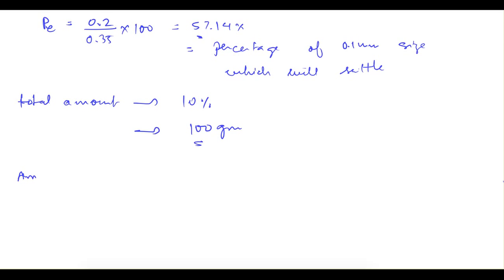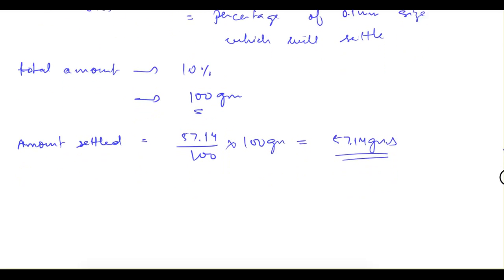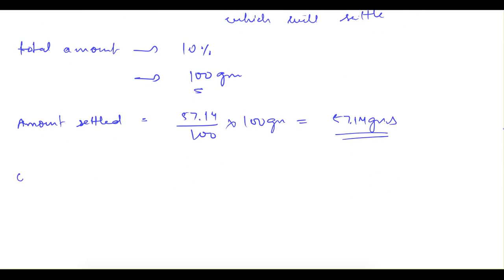So the amount settled we can find out as 57.14 divided by 100 into 100 grams, which is equal to 57.14 grams. Now similarly we can calculate for 0.2 mm and 0.3 mm also.